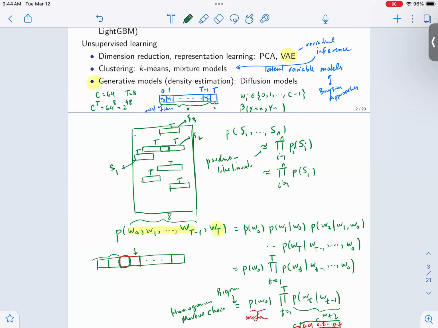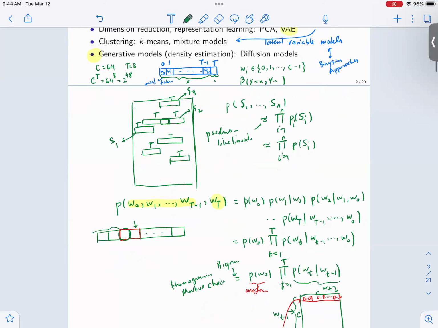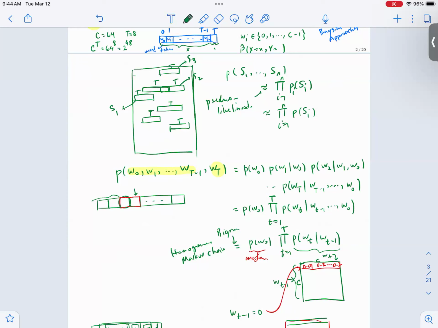Like going back to chapter 1 where we had this tree: survive or not, male, female. Let's say this is actually the bigram model. So let's say you have t minus 1, and I just want to predict based on this guy and this guy.